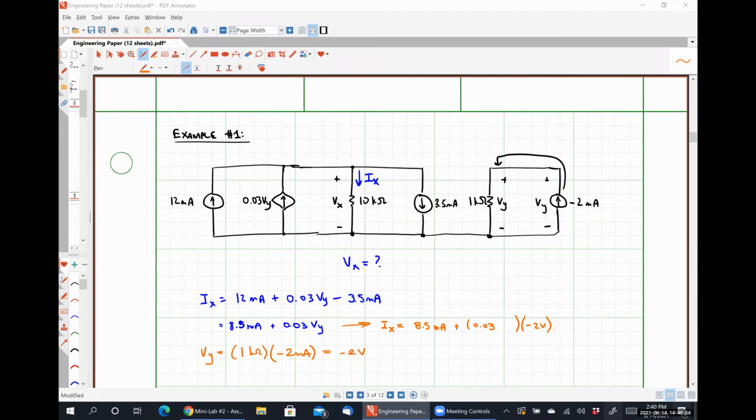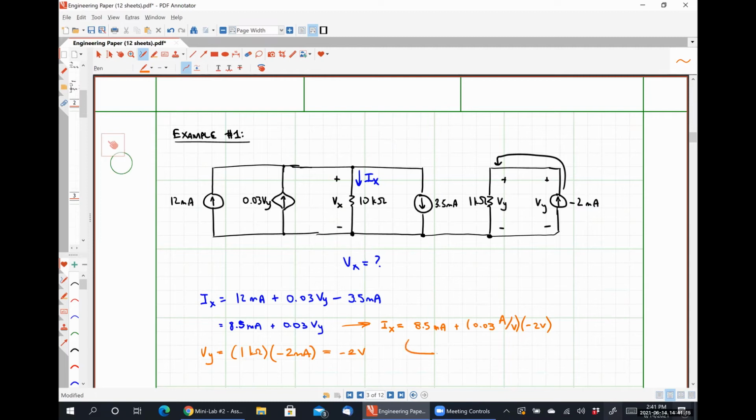Amps per volt. That is correct. So if we multiply 0.03 amps per volt times negative 2 volts, that is effectively negative 0.06 amps or 60 milliamps.